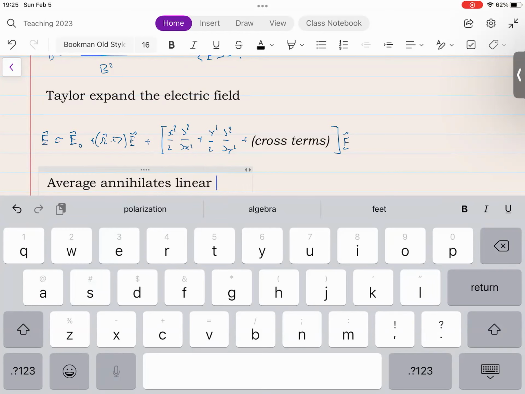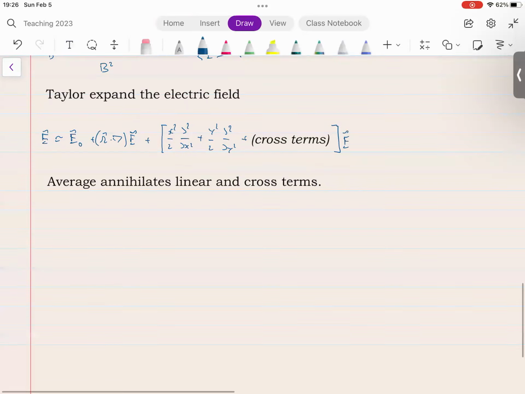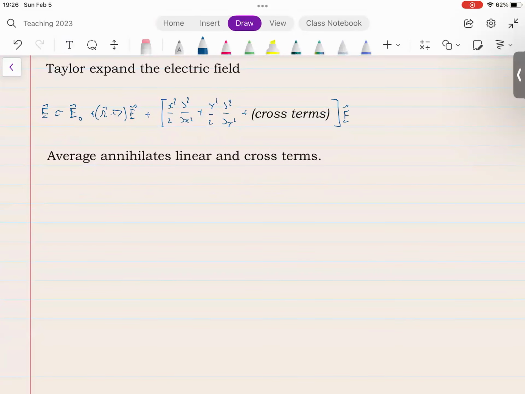The average of a linear quantity, of an odd quantity over a period, is going to be 0, and that applies also to the cross terms. And that is the reason why I needed to keep my expansion, Taylor expansion, to second order.